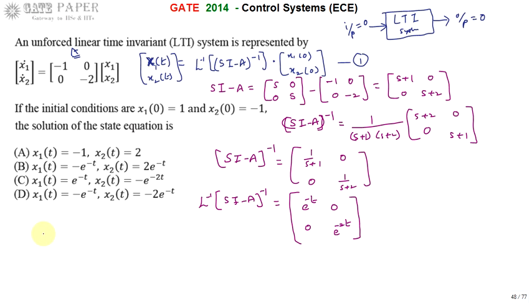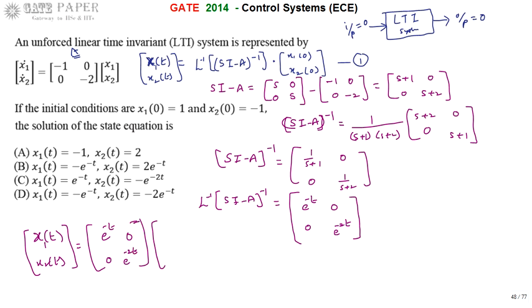Now we are going to calculate x of t with the initial conditions. Substitute this value in equation 1. So x1 of t, x2 of t is equal to e power minus t, 0, 0, e power minus 2t into x1 of 0, which is given as 1, and x2 of 0, which is given as minus 1.